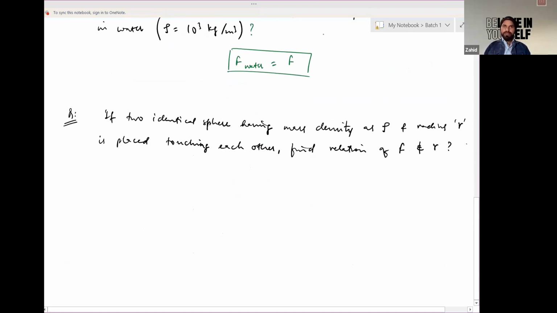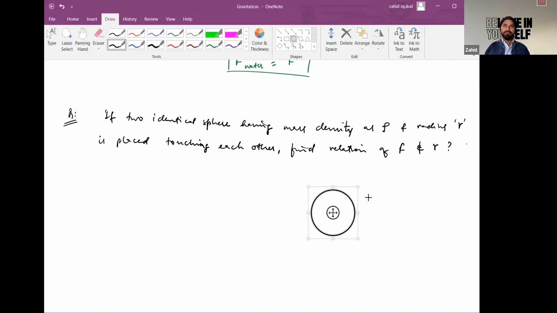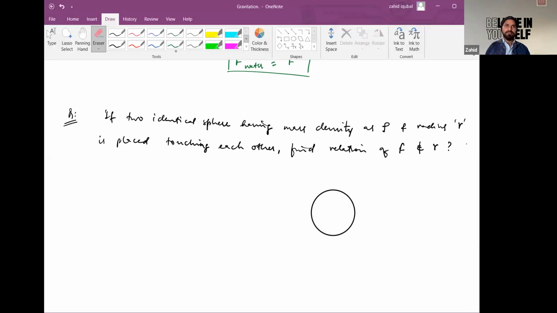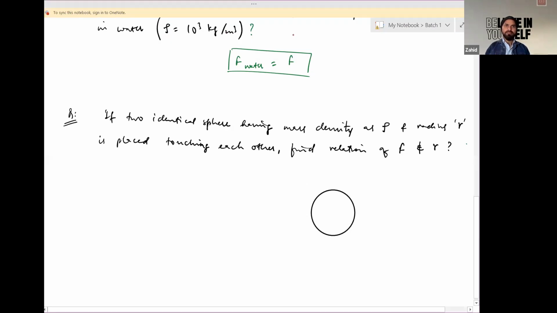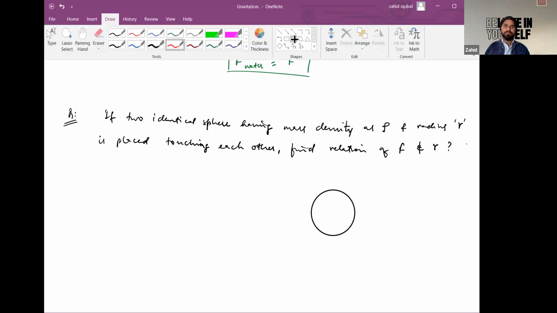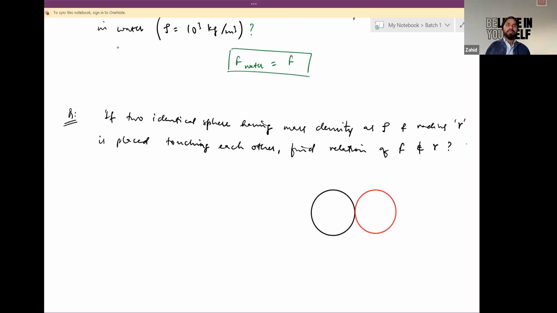Suppose you have two identical spheres. This is first and this is second. Now they are placed side by side.